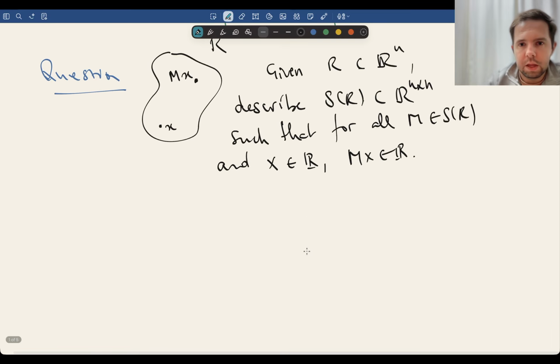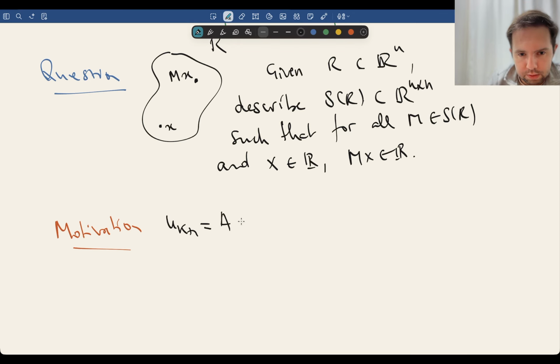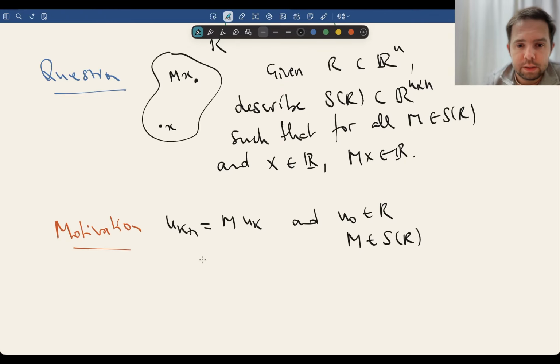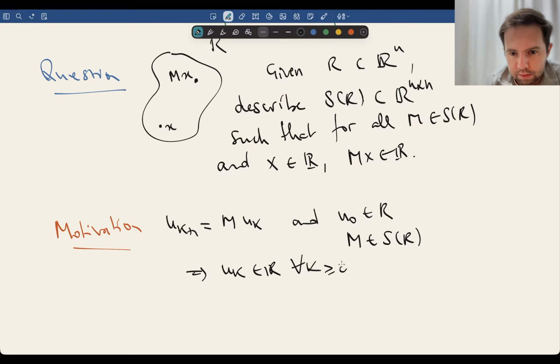And perhaps I should insist on the motivation. When we're looking at recursions of the shape u_{k+1} = M u_k, and u_0 in R and M in S(R), this will show by induction that u_k is in R for all k greater than 0.